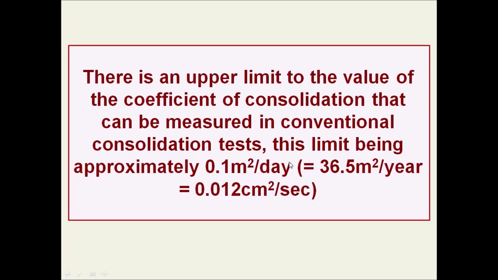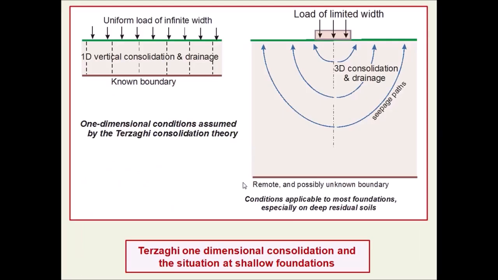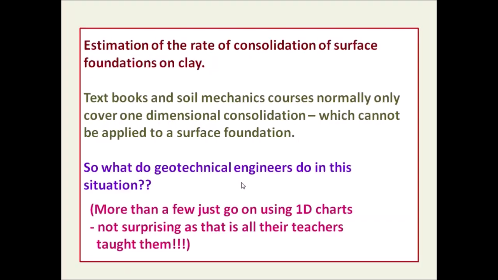So if you use that value to estimate your rate of settlement, you can be assured that the expected rate, at least in theory, will be greater than the value you get using that value there, that it will consolidate more rapidly.